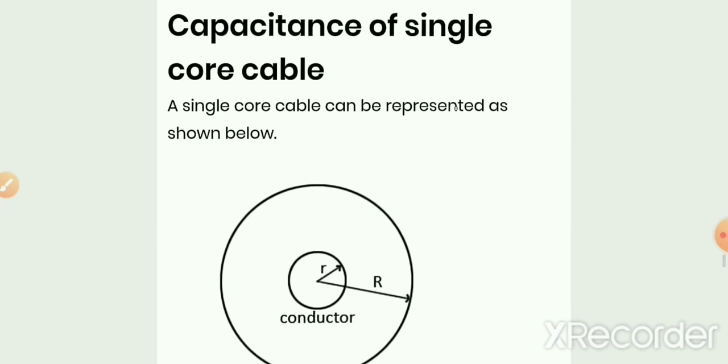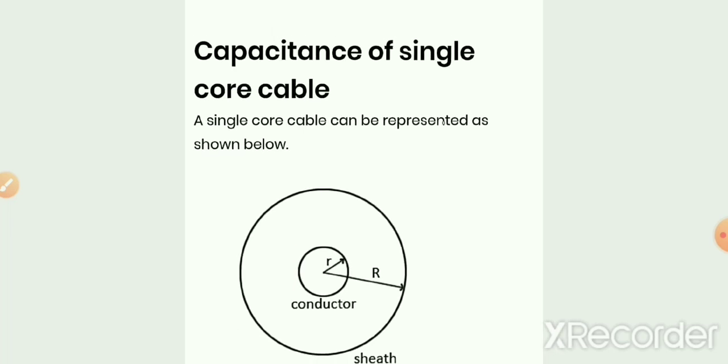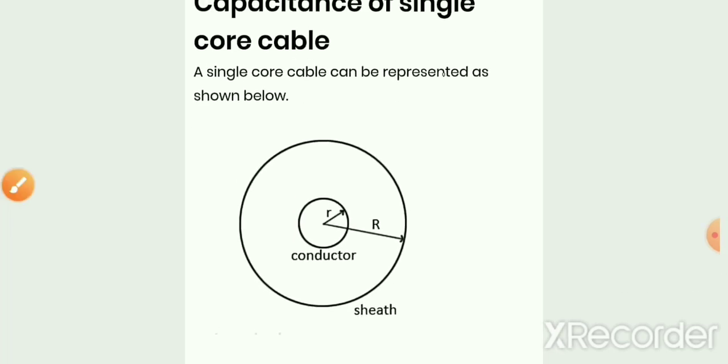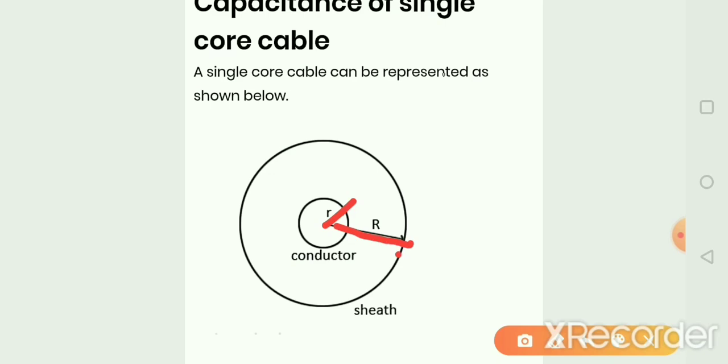Now, what is the capacitance in the single core cable? A single core cable is represented as shown in the figure. We have a small r, which is the conductor radius from the center, and a capital R, which is the sheath radius from the center of the conductor.